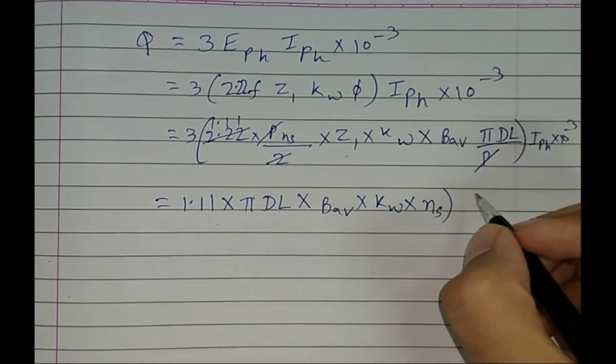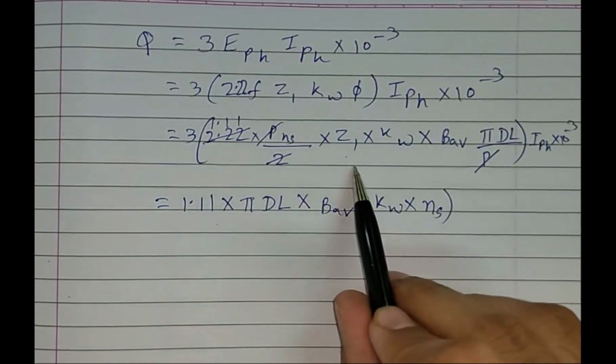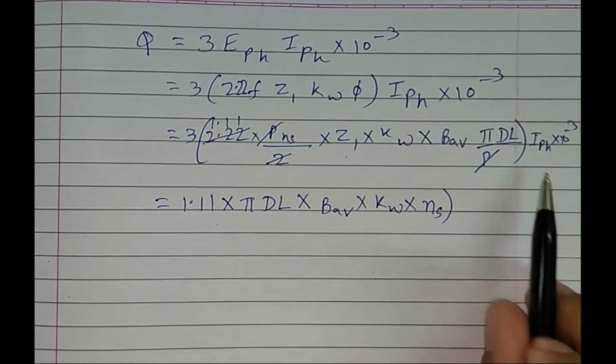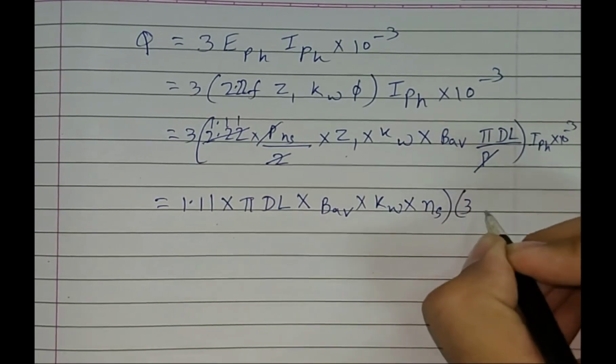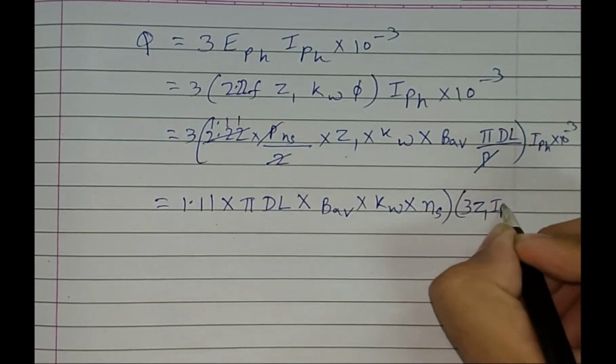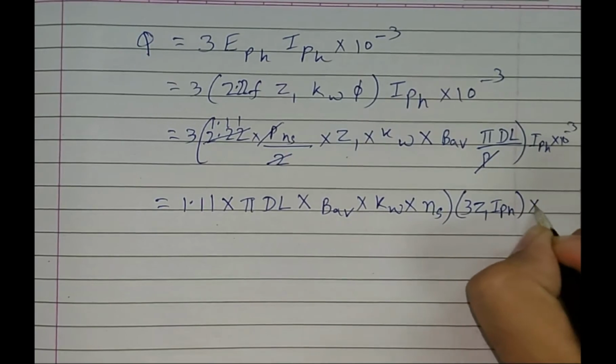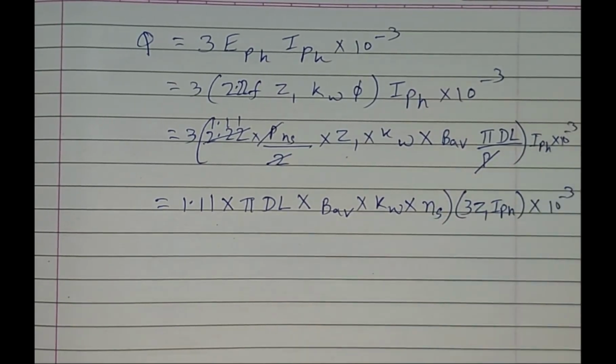What I have clubbed is this 3, Z1 and IPH, so I have 3 Z1 and IPH multiplied by 10 raised to minus 3.